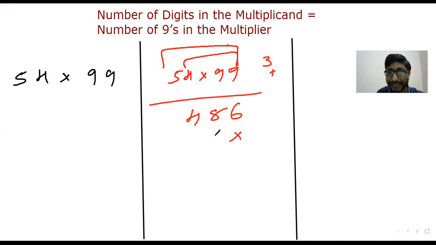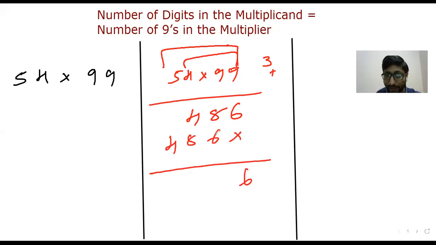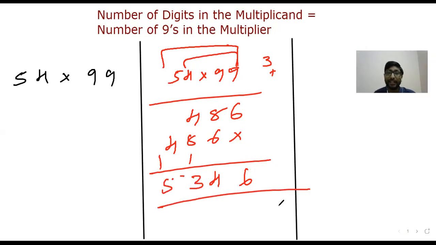Leave this space, and the answer is going to be 5346. This is what we have been learning since childhood. Now see the logic in Vedic maths.